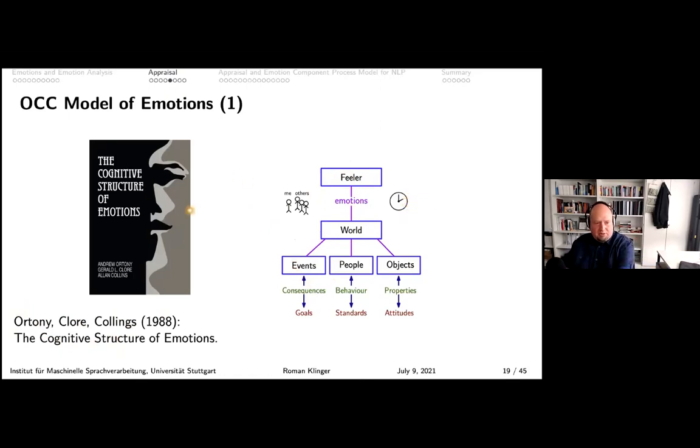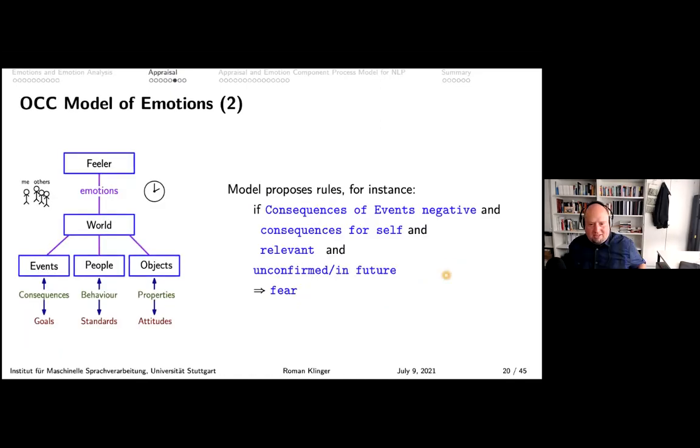And the model that they developed actually suggests quite a set of rules how to put these different components together to infer an emotion. So just as one example, if the consequences of an event are negative, if I evaluate an event like this, if these are consequences for the self, and if it's a relevant event, and if it has not been confirmed yet, for instance, because it's expected to be in the future, then it's likely to develop fear because it's about something negative in the future that's relevant for me.